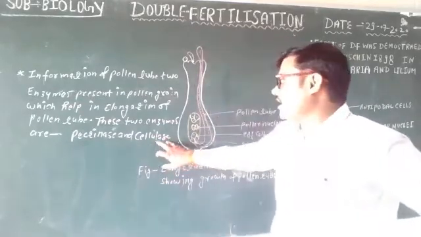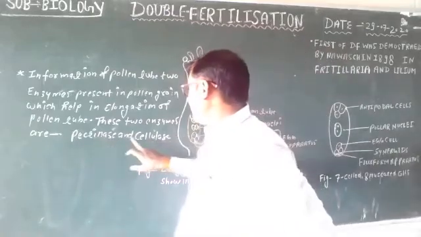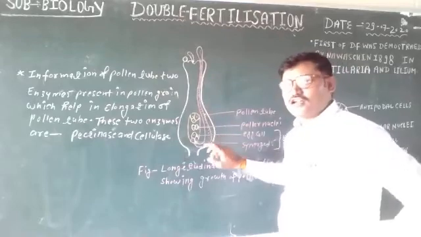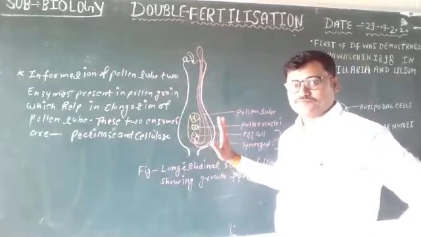These are the two enzymes, pectinase and cellulase, which help in elongation of the pollen tube.